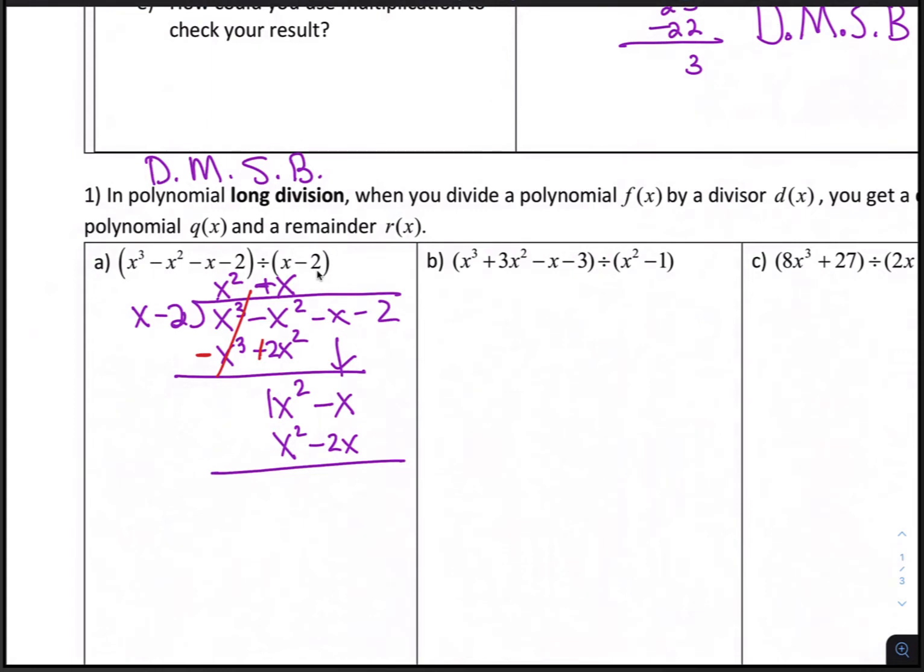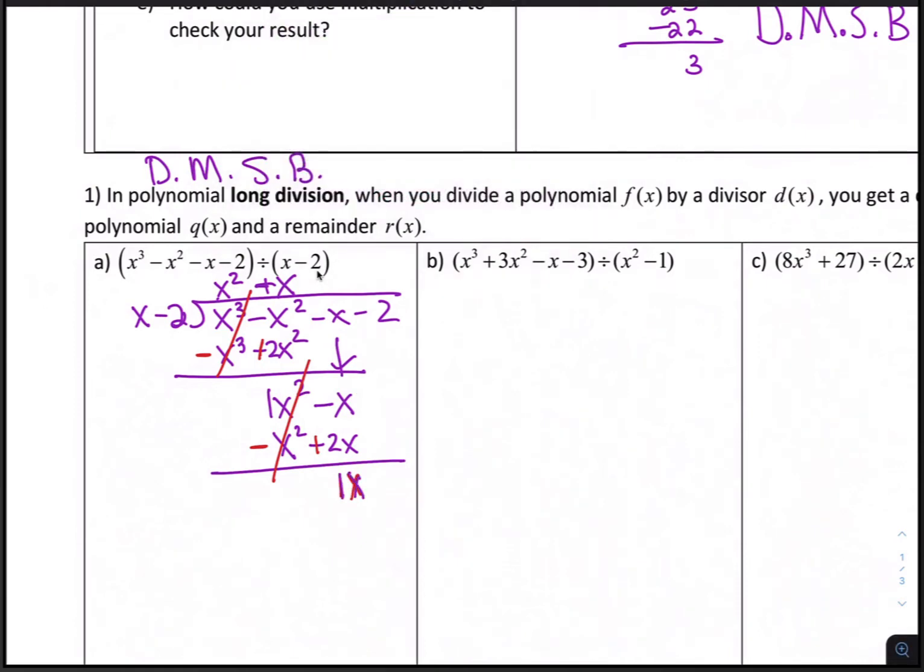Okay, now we will subtract. When we subtract the x squared from the x squared, that cancels out. When you subtract the negative x minus the negative 2x, the minus 2x will change to a positive. So that becomes positive 2x. Now combine these terms. We have negative x plus 2x is going to be positive 1x.